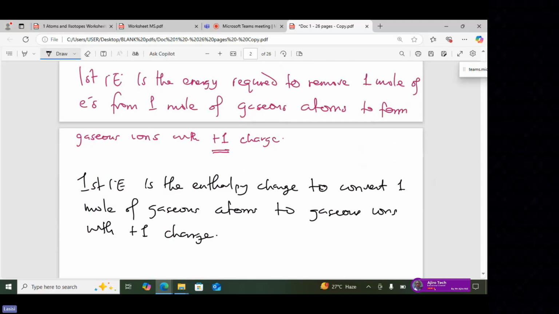Yes. Each atom inside the 1 mole is losing 1 electron. Let's say the number of people living in the whole world is 1 mole. Each person loses 1 electron.